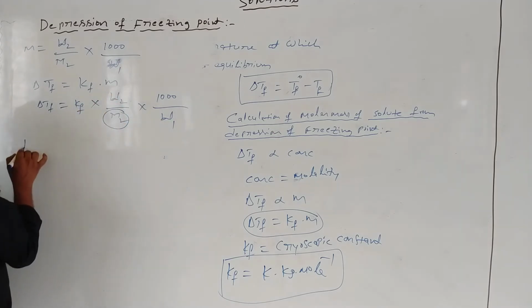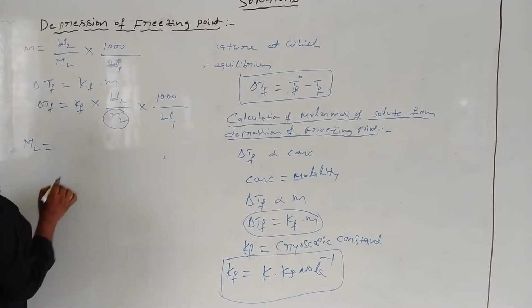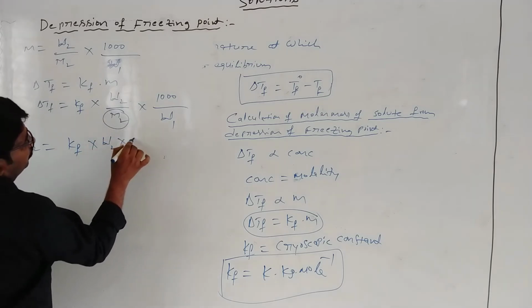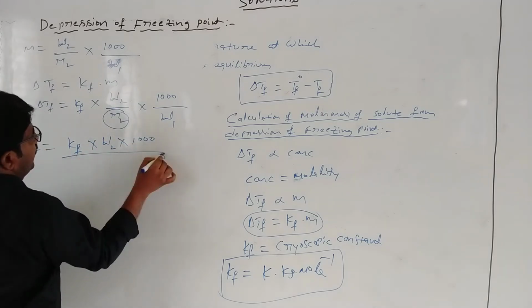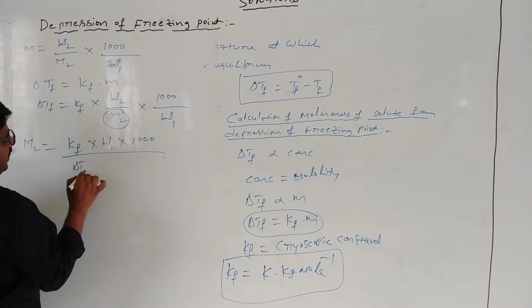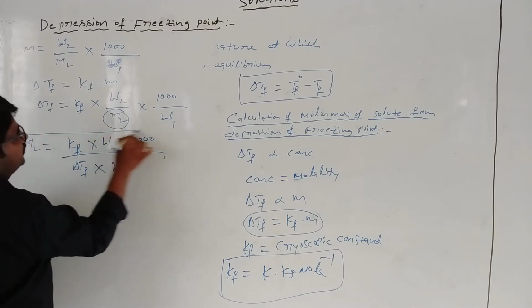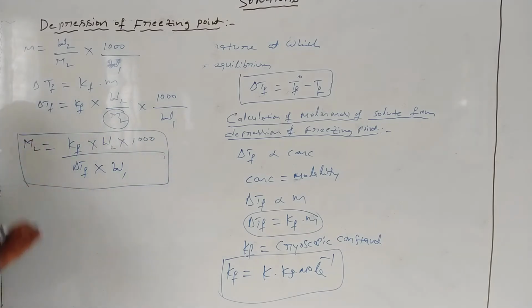So M2 is written as Kf into W2 into 1000 by delta Tf into W1. This is how we calculate the molecular mass of solute by using depression of freezing point.